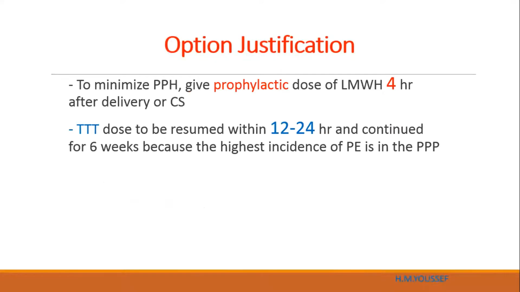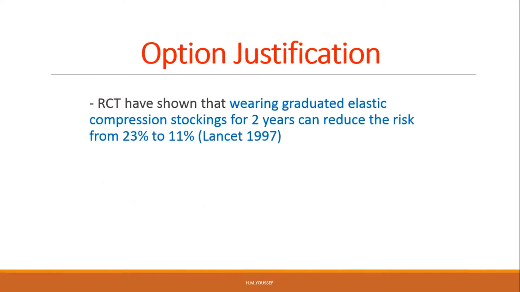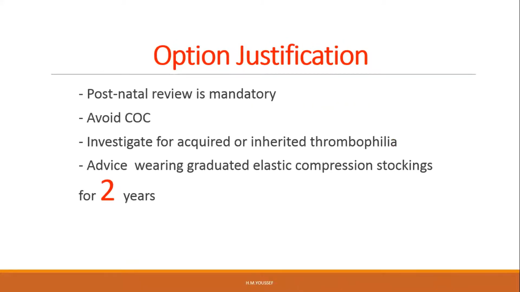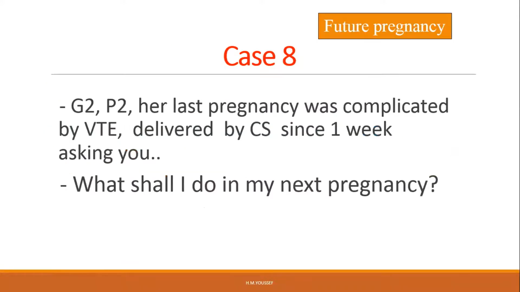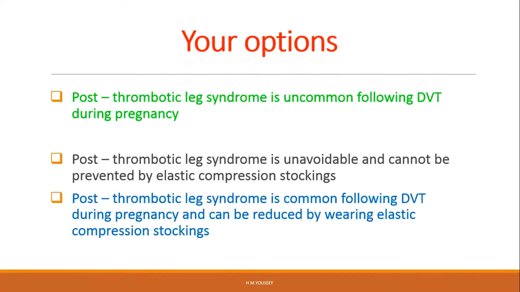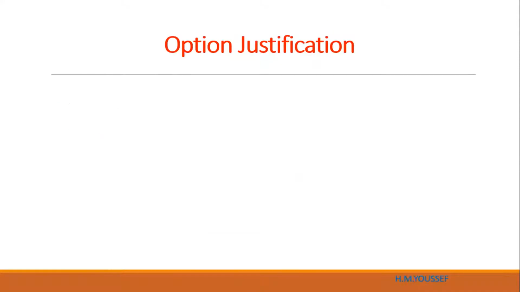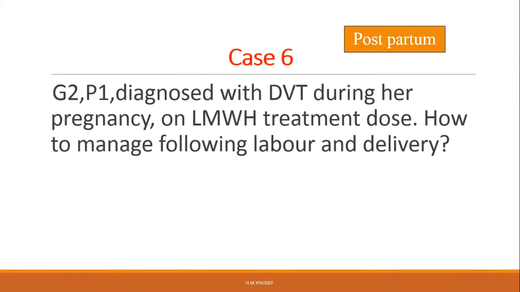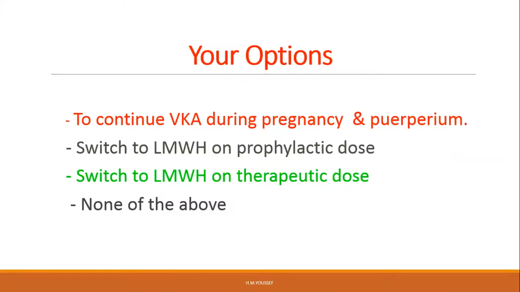I'll discuss with her that in the first trimester we'll stop the warfarin because of the anomalies, and we'll start heparin, not fractionated, low molecular weight heparin. We'll continue all through up to the second half of the third trimester.